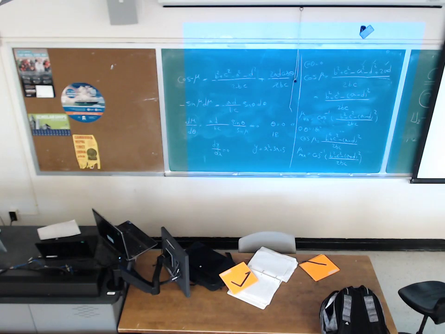If you solve for mu min, you will end up with this. You can see cosine of mu min is going to be b squared plus c squared minus (d minus a) squared divided by 2bc. D minus A or A minus D, since both are squared, they are the same.